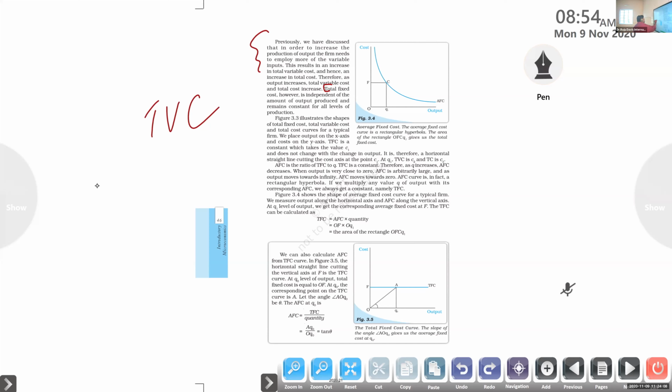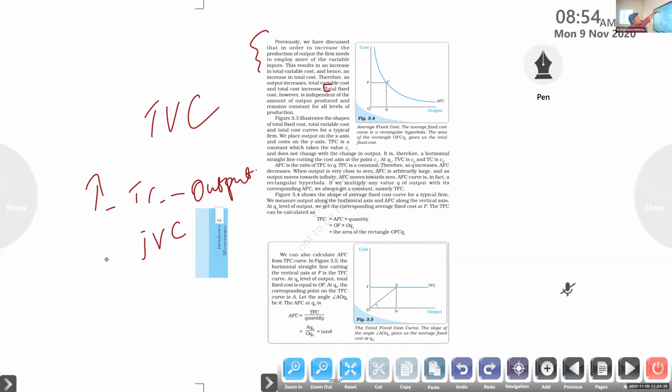If the cost of the input is increasing, then total cost will increase, output also will increase, and hence TVC, total variable cost, definitely will increase. Hence, an increase in the total cost.